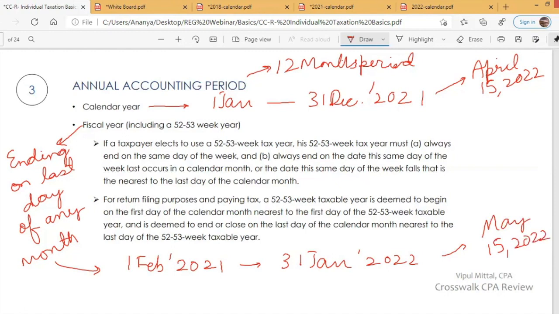That is 15th day of the fourth month after the close of your tax year. Your tax year is closing on this date because you are following a fiscal year. Because your tax year is closing on 31st of January 2022, you get 3.5 months time to file your tax return. You have to file your tax return by 15th day of the fourth month after the close of your tax year. That is May 15th, 2022.